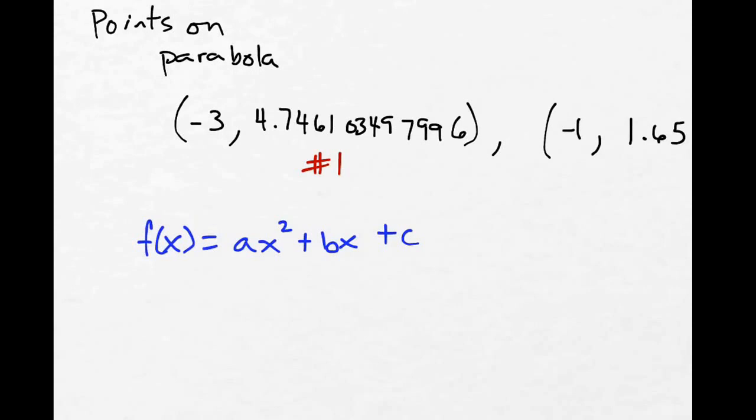If we have a, b, and c, then we have the equation of a parabola. Do we understand that? Yeah. Like if we had a, b, and c, we're done. We know the equation of the parabola, or the function, the definition for the parabola.